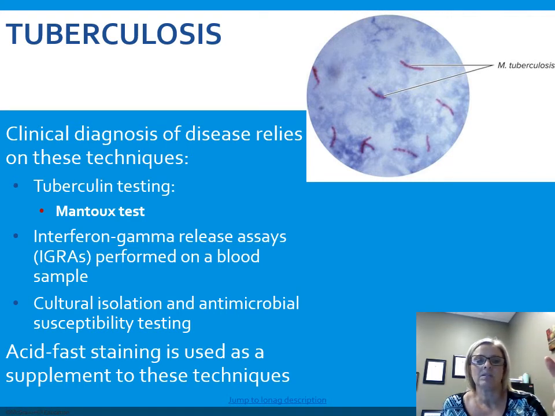So diagnosis of this is going to be based on the Mantoux test, which is our traditional TB skin test. You can do an interferon gamma assay on a blood sample. You can isolate it, culture it, and do an antimicrobial susceptibility test, and acid-fast staining is a supplement to all of these techniques as well.